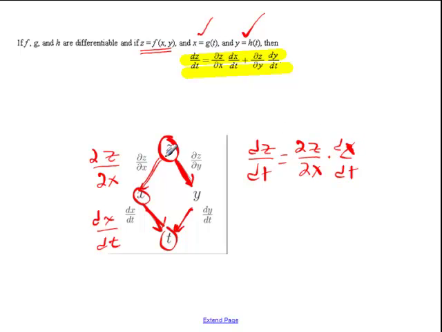So that's going down this path, and then plus going down the other path, the partial with respect to y times dy/dt.